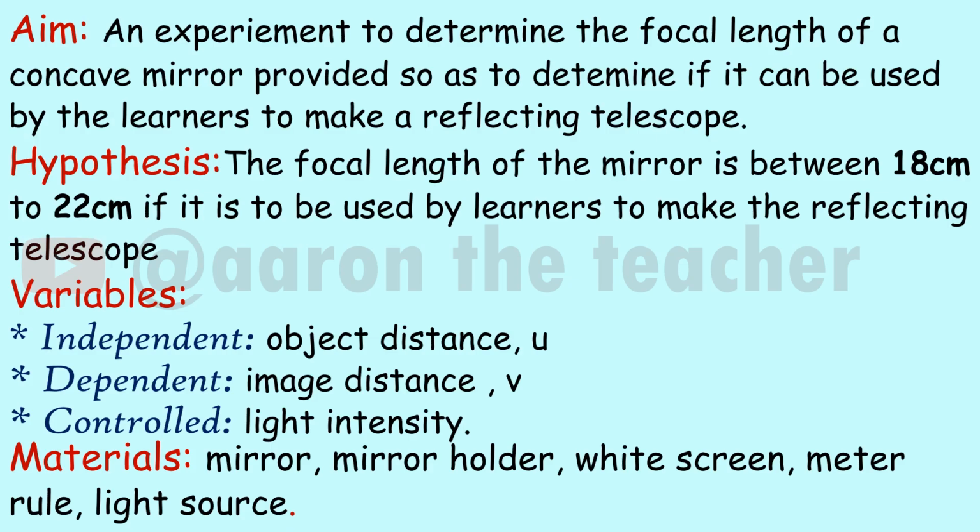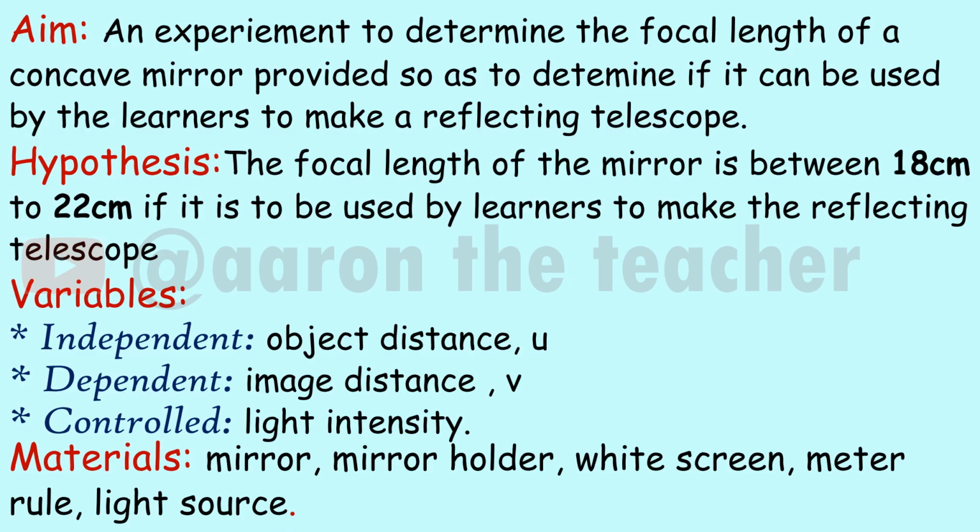And the hypothesis: the focal length of the mirror is between 18 to 22 centimeters if it is to be used by the learners to make the reflecting telescope. Now, take note of the range that I've set. In the scenario, we are given a single value of 20 centimeters, but then I come up with a range in which this 20 is going to fall, so that I cater for whatever value I will be getting.